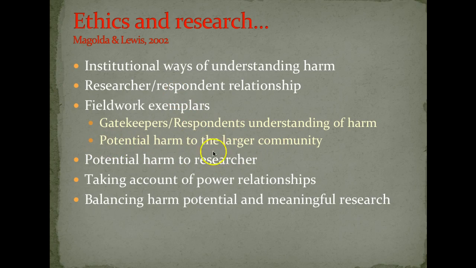There's also potential harm to the larger community, where it goes out into the big broad world, and suddenly somebody is looking very closely at the practices of a particular principal or a particular superintendent or a particular teacher or a particular counselor, whatever it may be. Or conversely, and this is in the article, this is what they bring up, where the research is actually used to the detriment of the community.